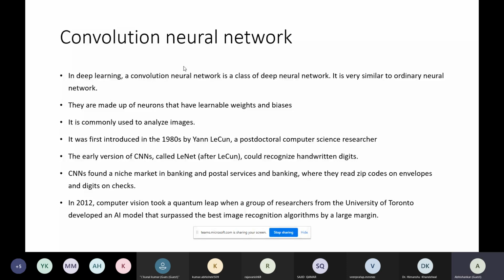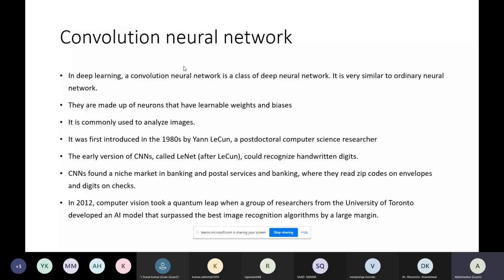Instead of dealing with numeric data, here also we convert an image into numeric form, and input it somehow. So today we are going to have a theory class. It may be one or two more theory classes, and then we will have one case study on convolution neural network.